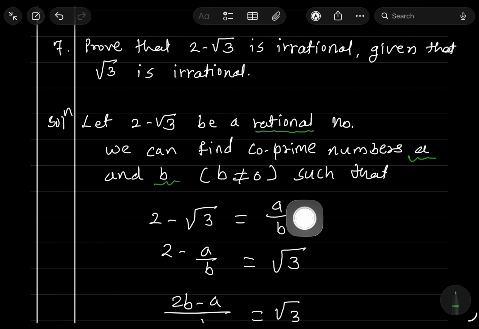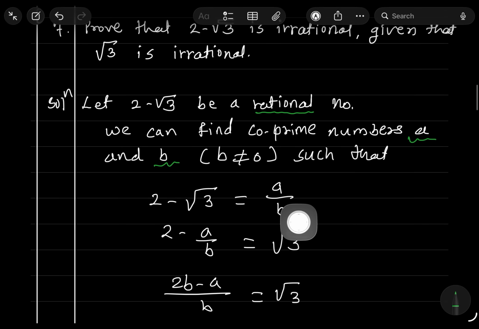If a and b are co-prime numbers, it means there are no common factors. If common factors were there, then it would be divisible, so division would come. If they are co-prime numbers, there is no common factor, so it will remain a upon b. So a upon b is required for a rational number.